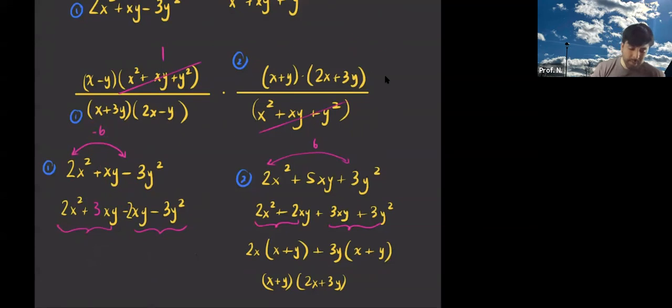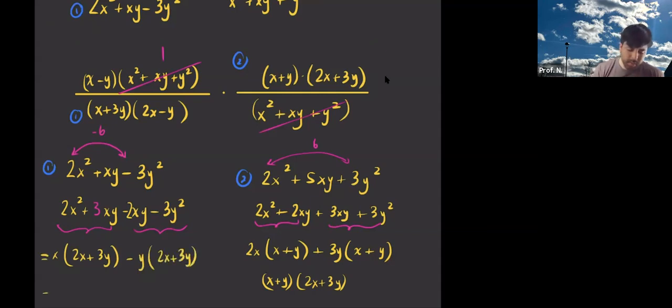So what's going to factor out from here? An x, and I'm left with 2x plus 3y. And what's going to factor out from here? A negative y. So negative y, this becomes 2x plus 3y. So now we're talking.